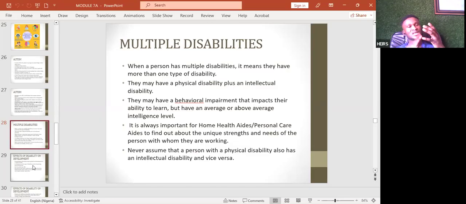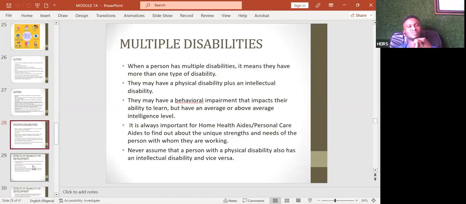Categorically, there are mainly two, as other types fall under these two: physical disability or intellectual disability, that's mental, which has to do with the brain. If someone has physical and doesn't have intellectual, we say the person has a physical disability. If someone has intellectual and doesn't have physical, we say he has an intellectual disability. But when he or she has both, we say it is multiple disabilities.